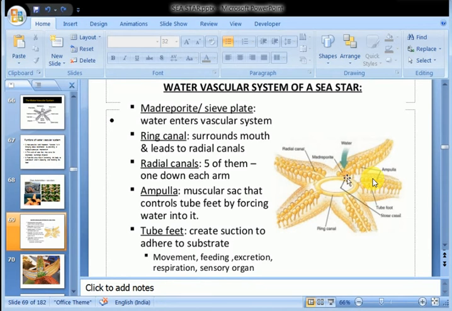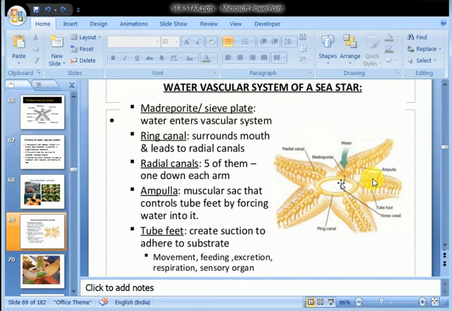Then there is a canal called the stone canal. This is a somewhat S-shaped canal. It's a short canal, and it extends up to this ring canal. So it starts from the madreporite and extends up to this ring canal, which is located on the oral side.